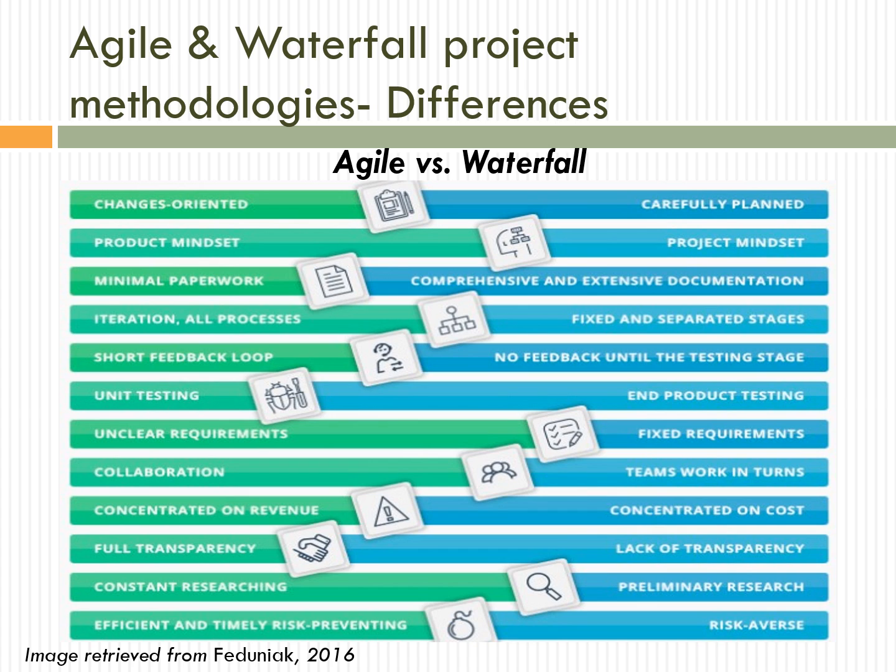A few other items are collaboration. So Agile methodology has a lot of collaboration. You're working with the business. The business approves the sprints after that 2-week duration, whereas with Waterfall, the teams work in turns, and what that could happen is the business sometimes doesn't have visibility to the project until late in the project.